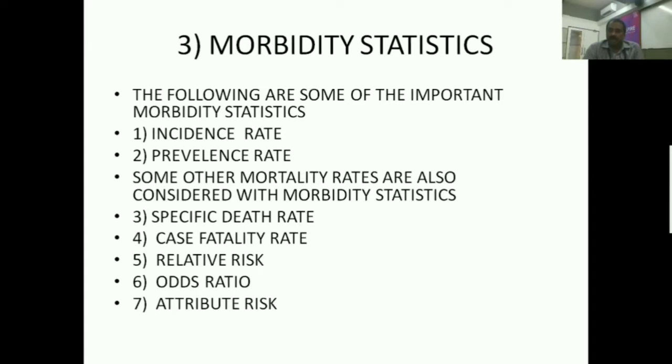Such measures are, the third one, specific death rate, the fourth, case fatality rate, the fifth, relative risk, the sixth, odds ratio, and the seventh, attributable risk.